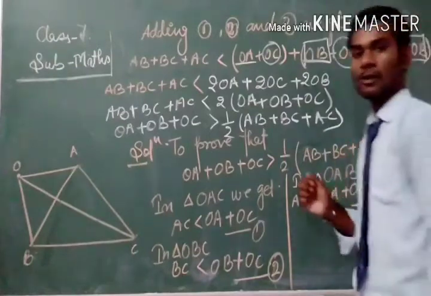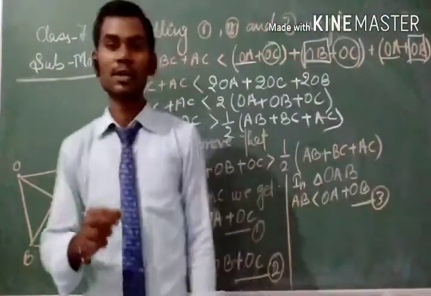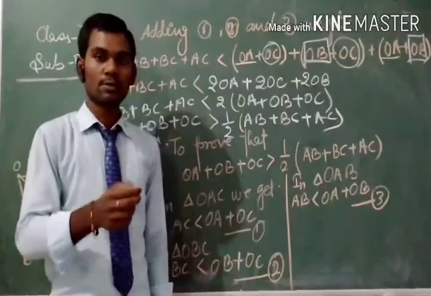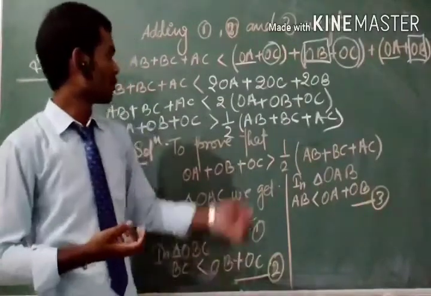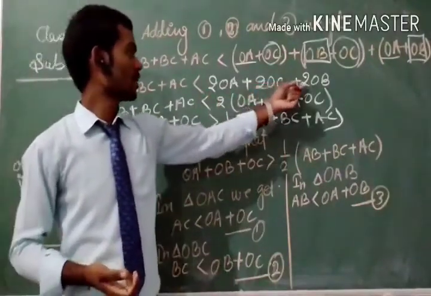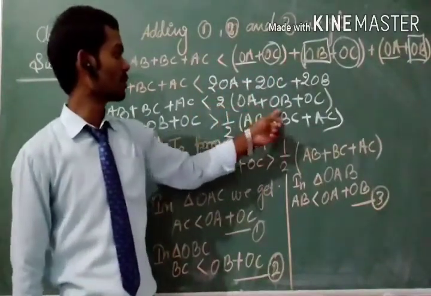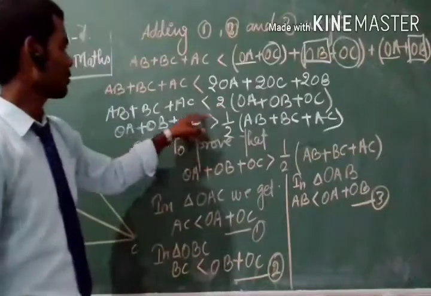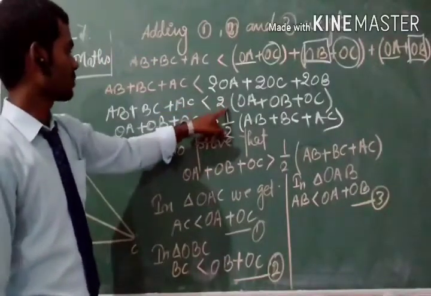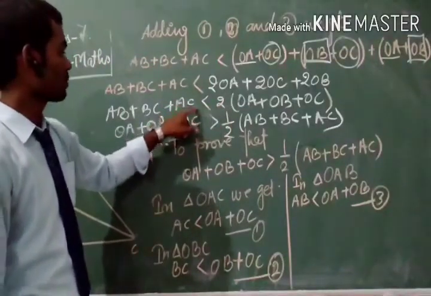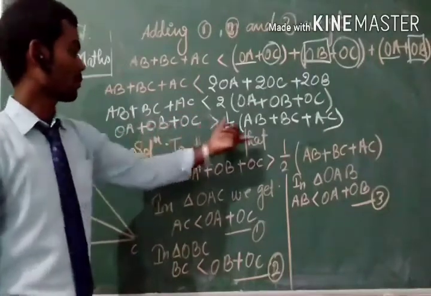On the right side each term appears two times, so taking 2 common we get 2 times (OA plus OB plus OC), and transferring 2 to the left side, it is multiplied so it becomes divided.